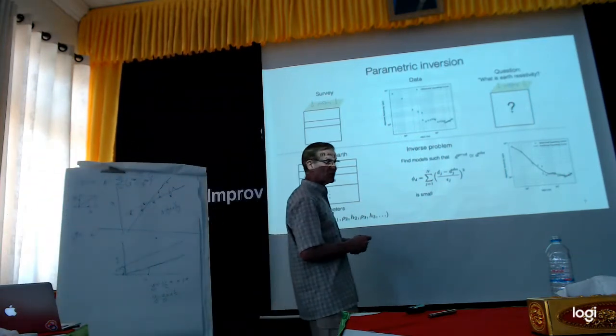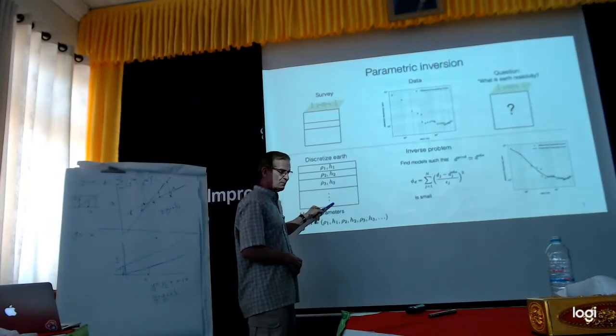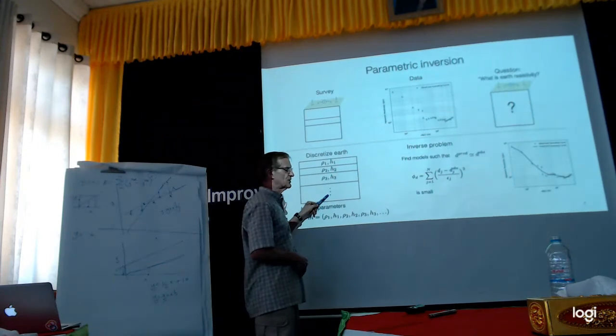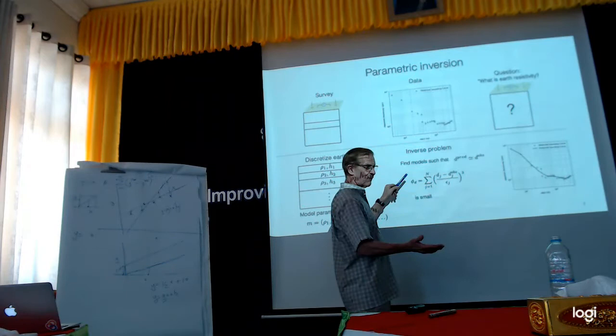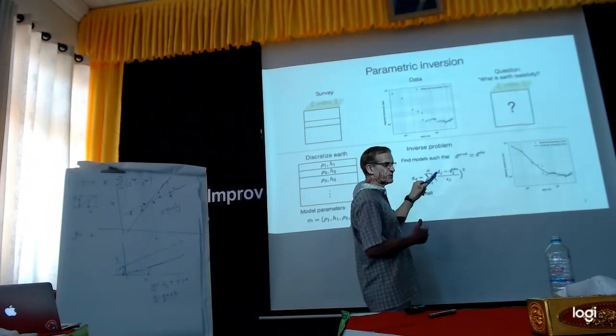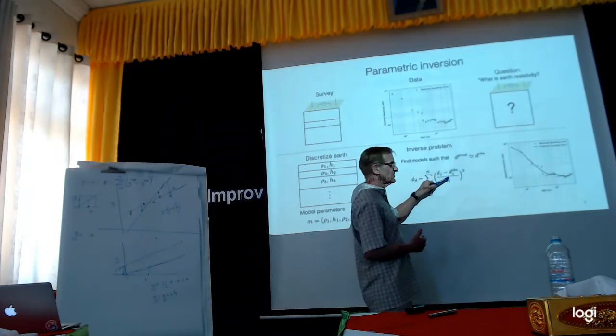So that's our procedure. We're going to introduce a parametric representation of the Earth, and then we're going to forward model and look at the difference between the predicted data and the observations.